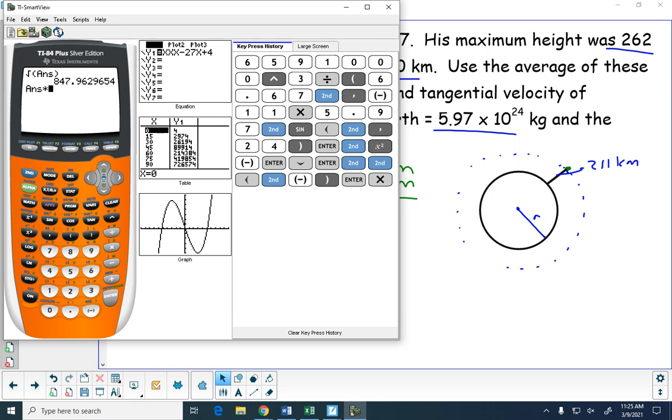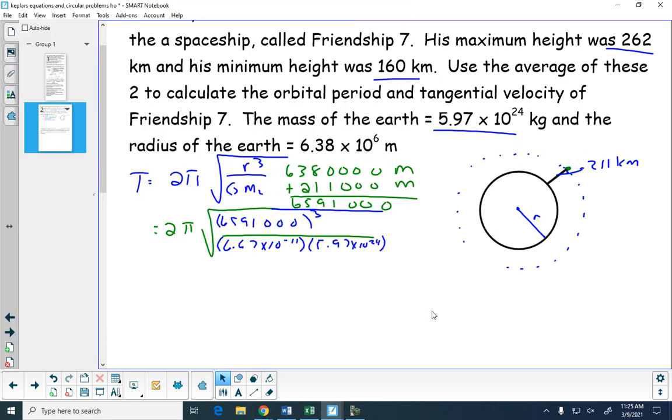So we multiply times 2 pi, and we get 5,327.9. And that's in seconds.